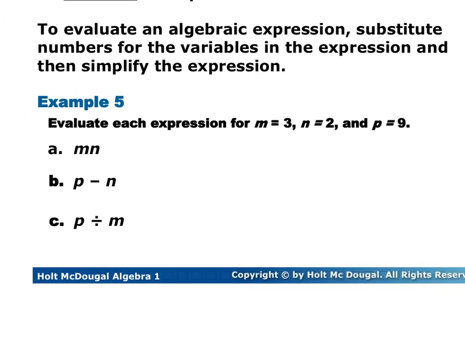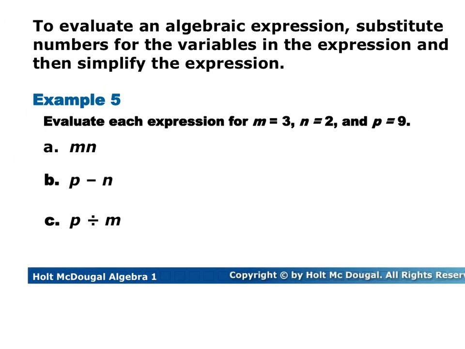Looking here at example 5, they ask you to evaluate each expression for M, where M is 3, N, where N is 2, and P, where P is 9. So what that means is we want to take each of those values and come down here and plug them in and then solve it mathematically.